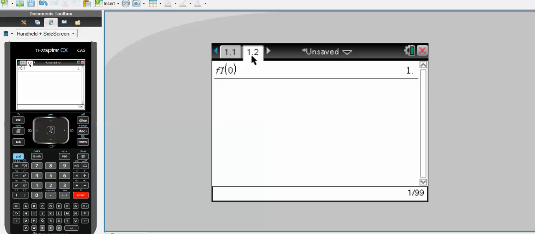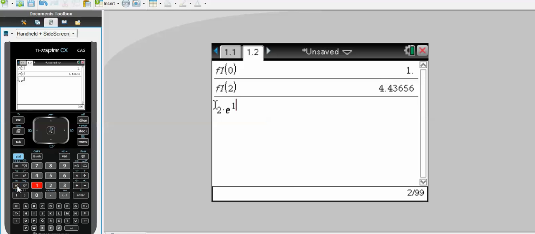I've got a feeling that's the same as, let's try it, 2 times e to the power of 1 minus 1, and try enter. Yeah, there we go. So I'm pretty confident that that's going to be the function. So I reckon we've done the first one.